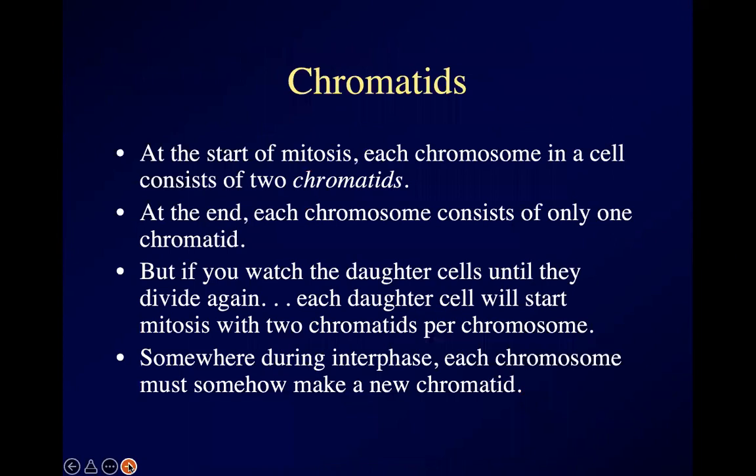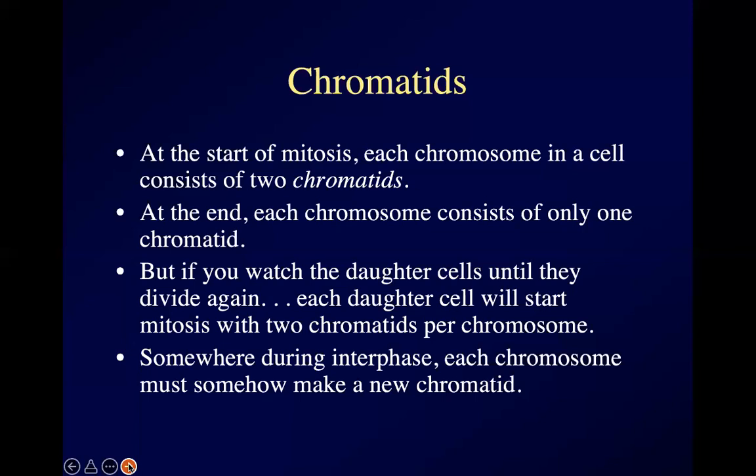At the start of mitosis, each chromosome in a cell consists of two chromatids, two strands joined at the centromere. At the end, each chromosome consists of only one chromatid. Remember, the chromosomes appear, they line up, and then at anaphase, the centromere breaks, and each chromatid goes in opposite directions to opposite sides of the cell.